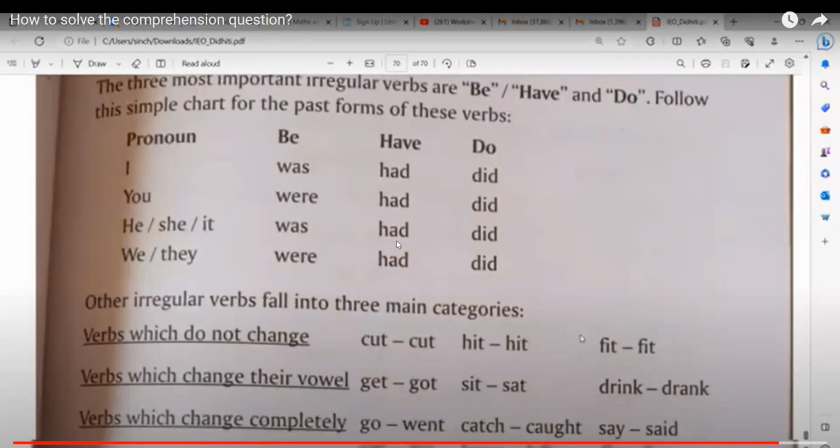Ma'am, who will tell? Abhishekta, you. Ma'am, I am thinking. Okay. Now, Rajdeep, can you tell me an example with he and had?